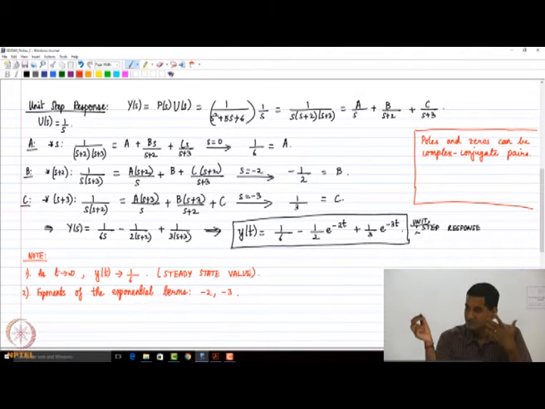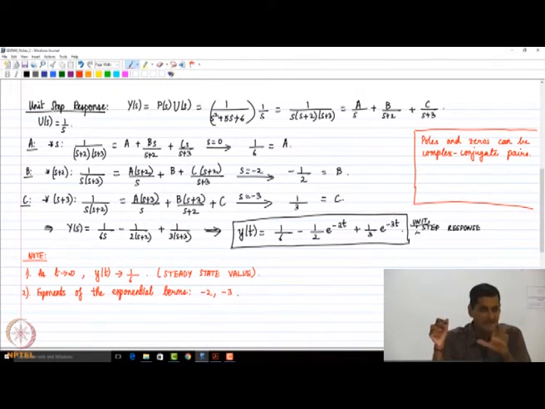Of course, we can also write complex terms as complex exponentials. You remember the Euler's relations we discussed? e power j omega t was cos omega t plus j sin omega t, and so on.